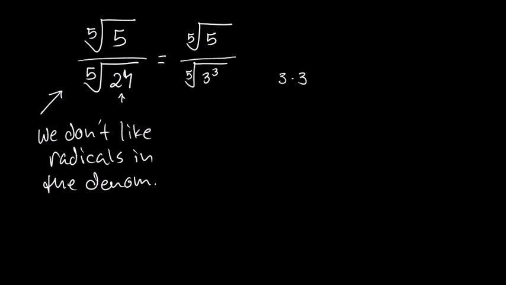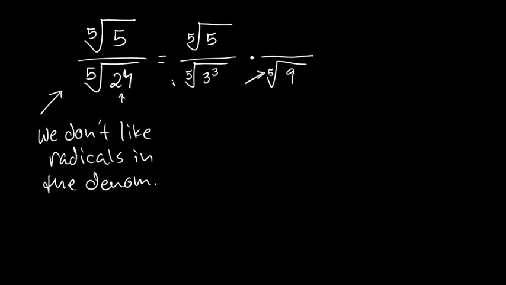So in order to take the 5th root, I need, as far as I know, 2 more 3s. I need to be multiplying 2 more 3s so that I would be able to have 3 to the 5th and take the 5th root. So I need 2 more 3s. So I'm going to go ahead and say 9 here. I need a 9. And in order for me to use the product rule, it needs to have the same index number.